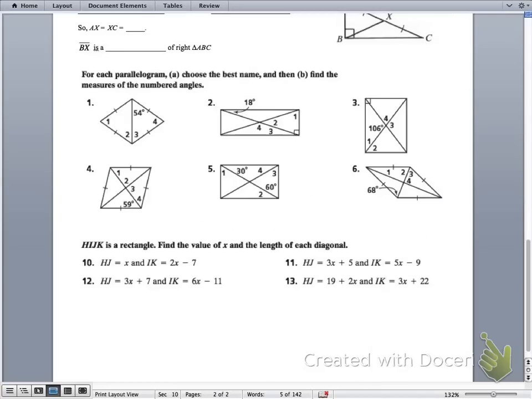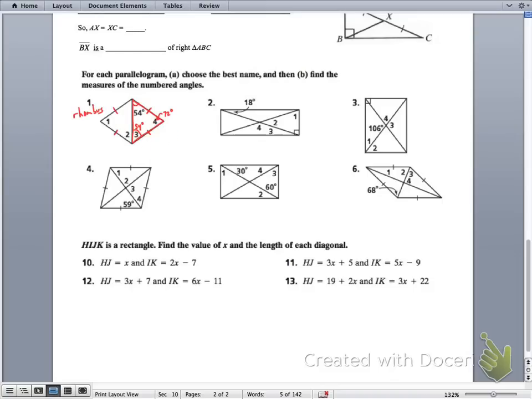Now, the types of questions that you're going to be asked mostly have to do with lengths of segments and angle measures. Let's look at this first one here. Find the angle measures of 1, 2, 3, and 4. Well, we first need to figure out what type of quadrilateral this is. Four congruent sides here. We have a rhombus.